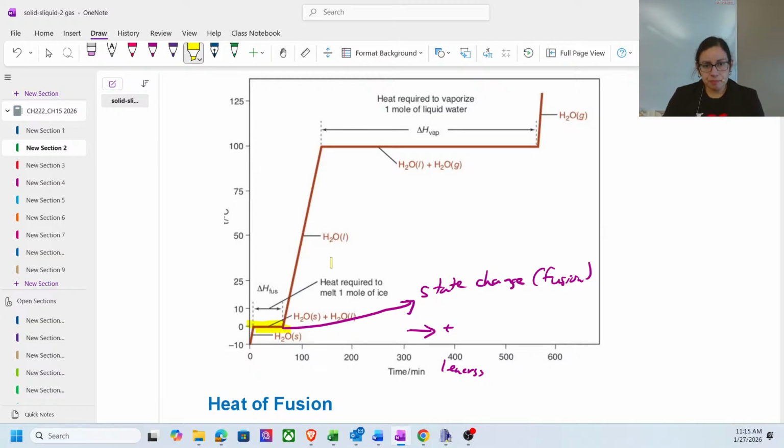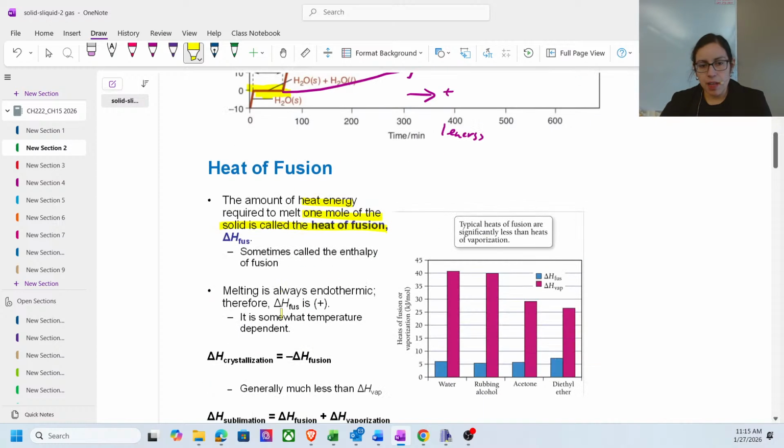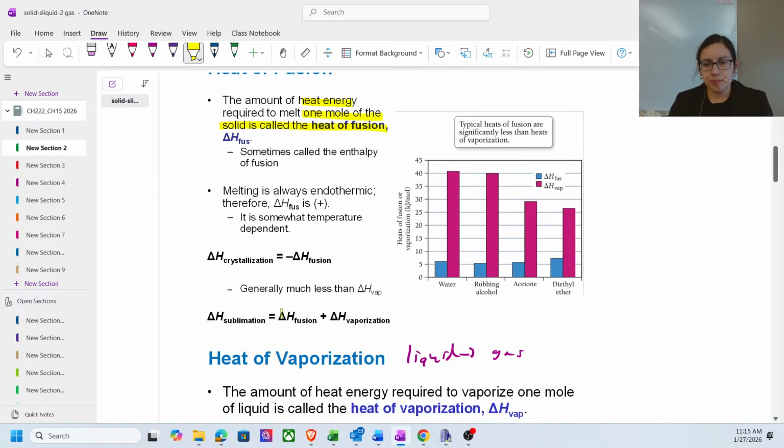Here's the other thing to note. You can tell by how different the length is, and the values are given here, that the heat of vaporization is much larger than our heat of fusion. That makes sense, right?